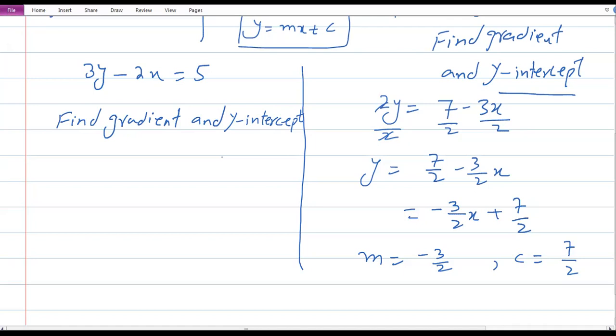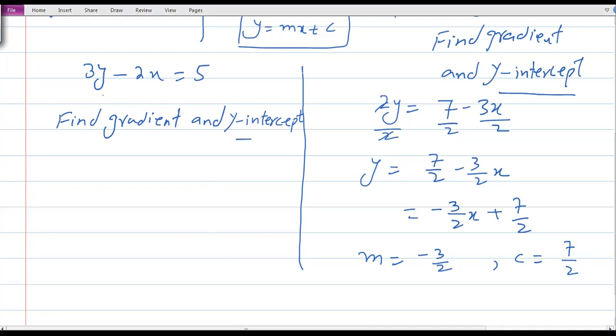No, a curve will not be like that. A curve will always be either quadratic or cubic. mx plus c will always be a line.